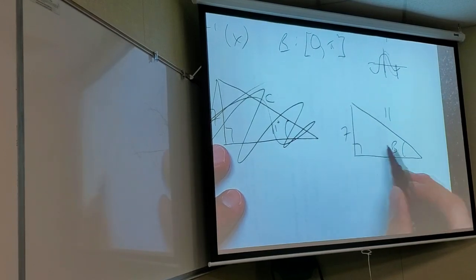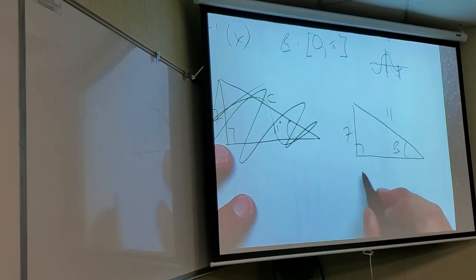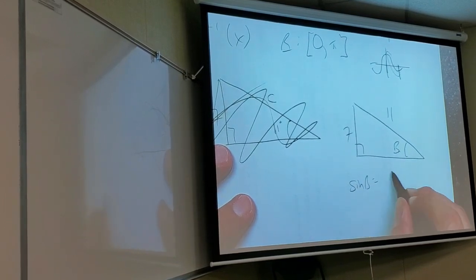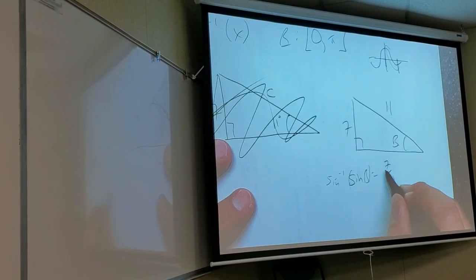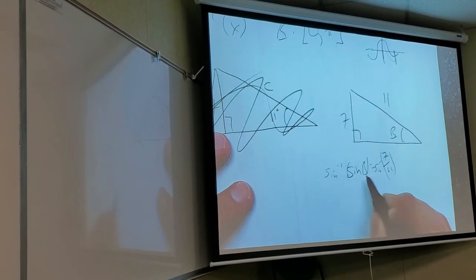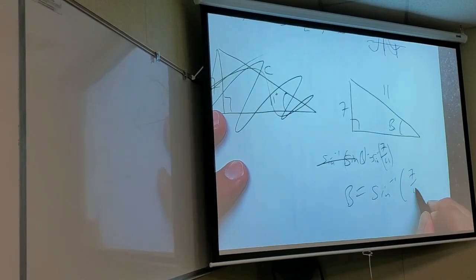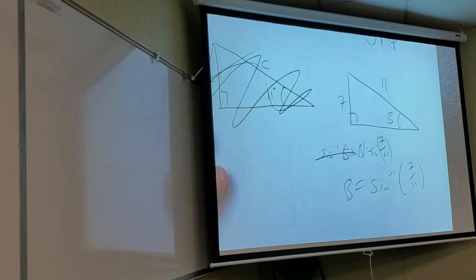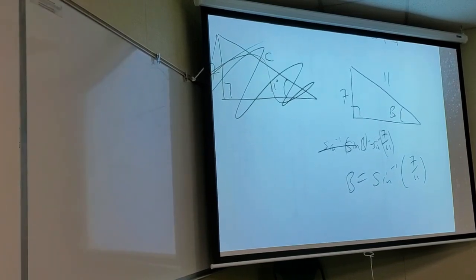Well, what's a trig function that relates what I know to this angle? Sine B, so it would be inverse sine. To solve this, I would take the inverse sine of both sides. So I get B is the inverse sine of 7/11. And then you would just throw that in your calculator.